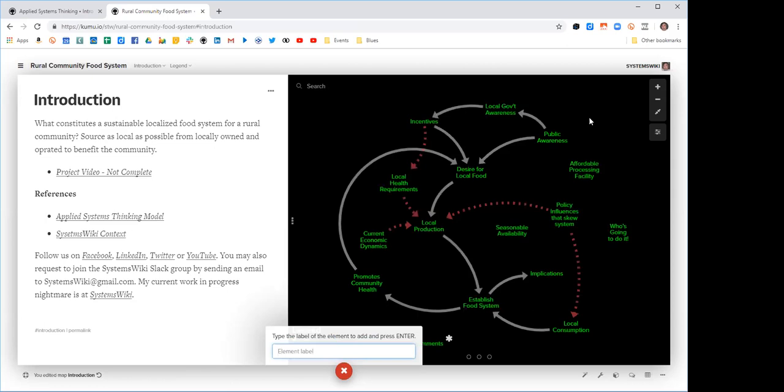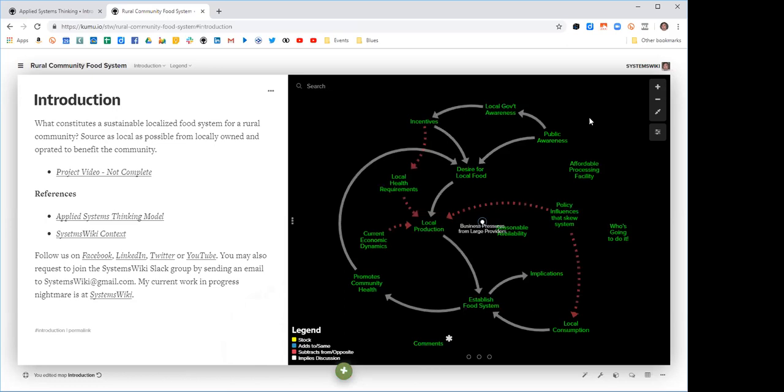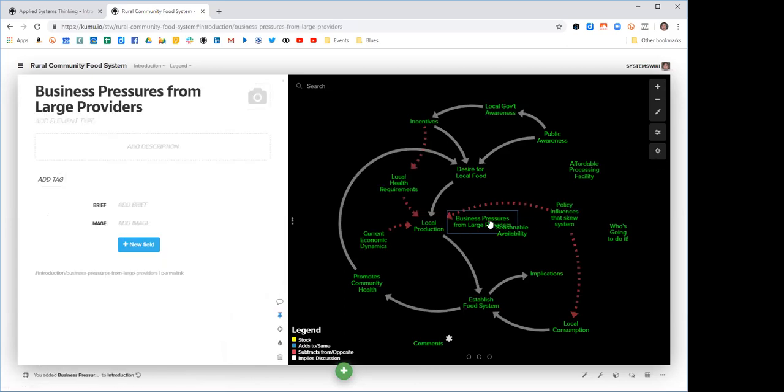Pressure comes in terms of lower prices, and then the other piece to that, and again, I'm very cynical, and I can't believe it's not going on, is what is the pressure on the local government? I'll take some notes. Is this what you meant? Business pressure from large providers? Yeah, you got it. That's it. Yep. Okay.